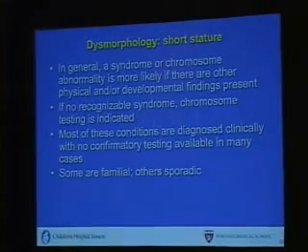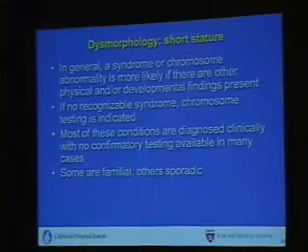So this is just sort of my approach to this. In general, a syndrome or chromosome abnormality is more likely if there are other features. That's not news to anybody in this room. If you can't think of a recognized syndrome, I think chromosome testing is indicated.